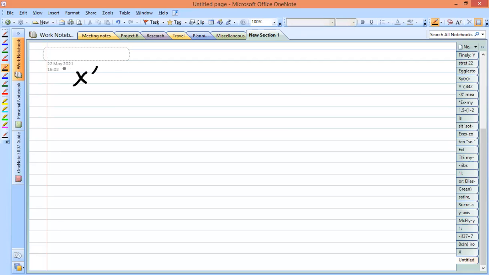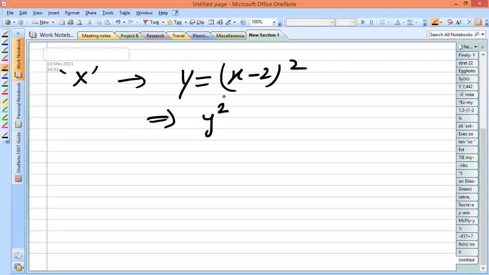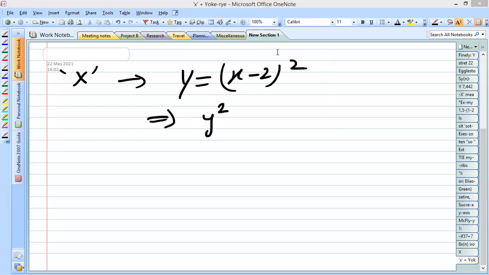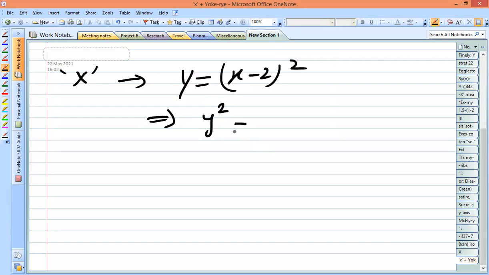So random variable x is being given, and using this random variable we can generate y using the function (x minus 2) whole square. So using which we'll be able to write the reverse function. Taking the square root on both sides, we get square root of y is equal to x minus 2, plus or minus.